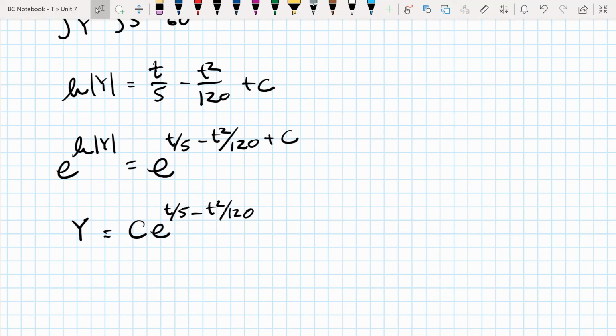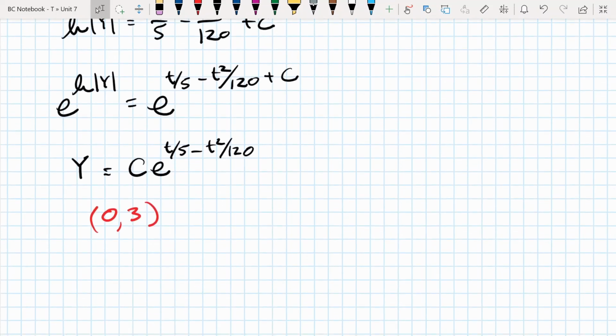This is a good spot to use the initial condition to solve for c. The y value is 3, and the t value is 0. So 3 is equal to c, which is what we're solving for, times e to the 0.